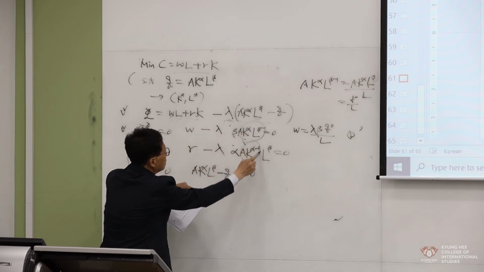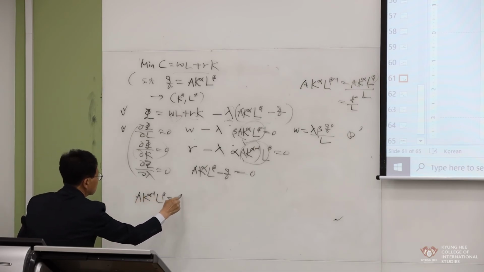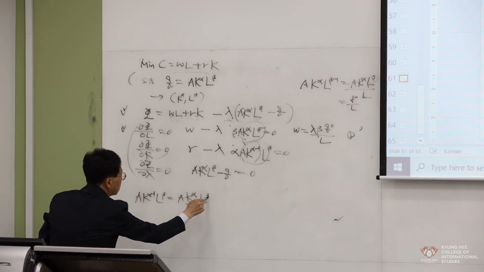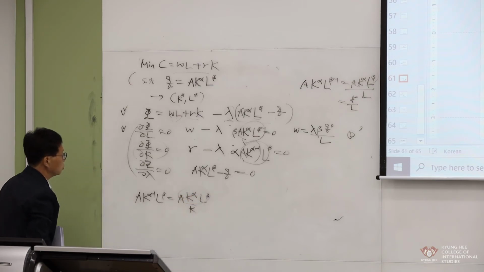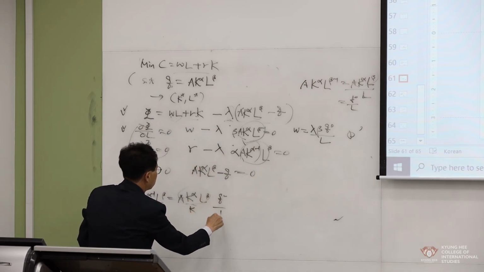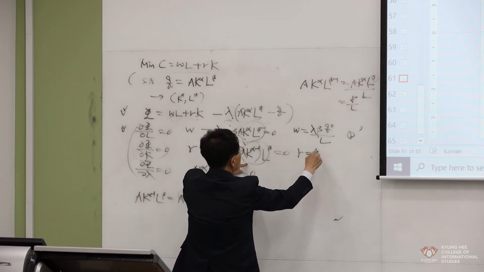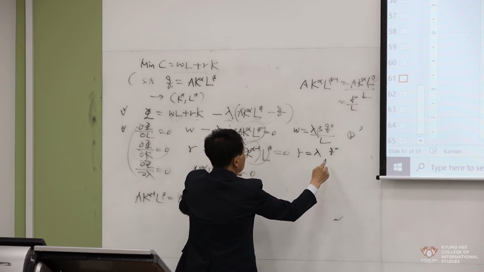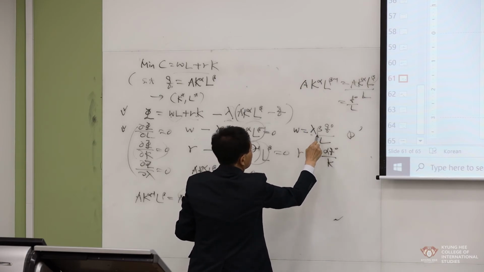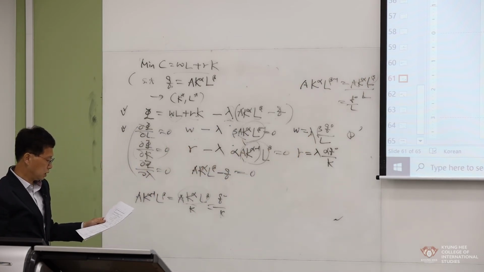Similarly, A K^(α−1) L^β is equal to A K^α L^β divided by K, and this is equal to Q0, so this one is Q0 over K. Then R is equal to λα Q0 divided by K. Okay, same thing. Can you understand?